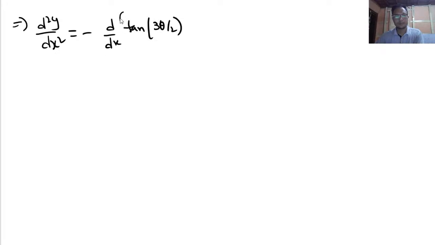So now d2y by dx squared: all we have to do is minus d by dx of tangent of 3 theta by 2.